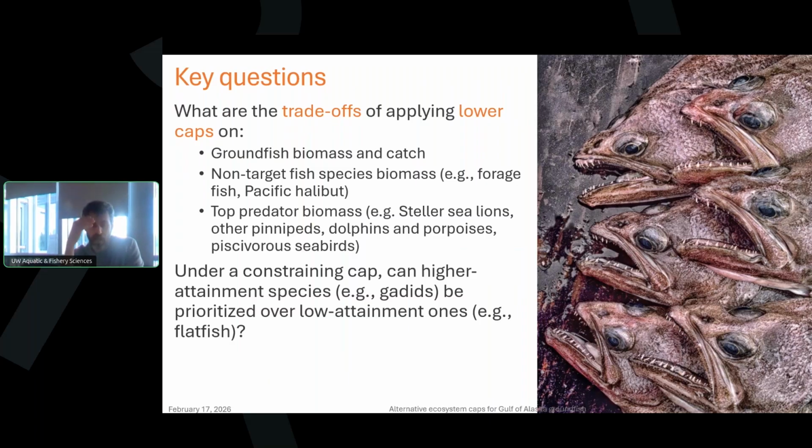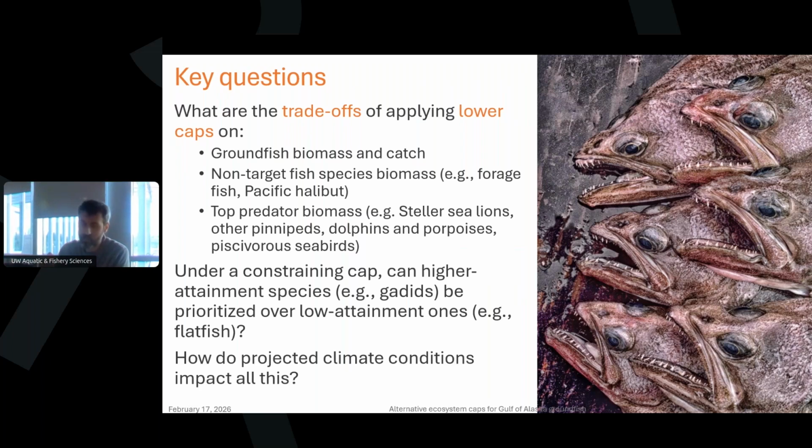So you have a catch that gets close enough to the harvest specs, whereas you have other species that are not attained, for instance, because they're not targeted, maybe because their economic value is not as high as other species. And obviously, how do projected climate conditions impact these considerations? Do they impact these considerations at all?